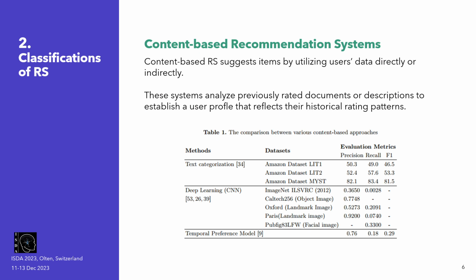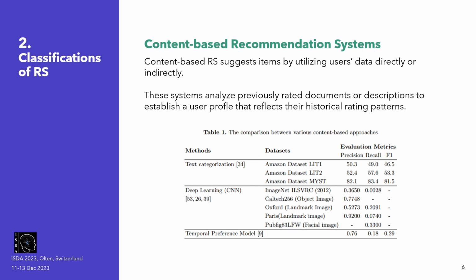Let's move to the second session, the classification of recommendation system. The first one is the content-based recommendation system. The content-based recommendation system suggests items by utilizing the user data directly or indirectly.